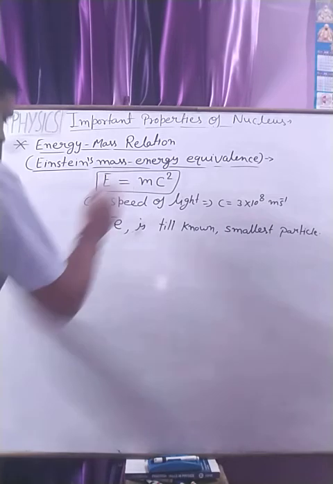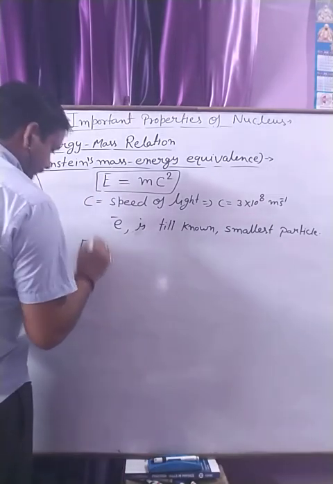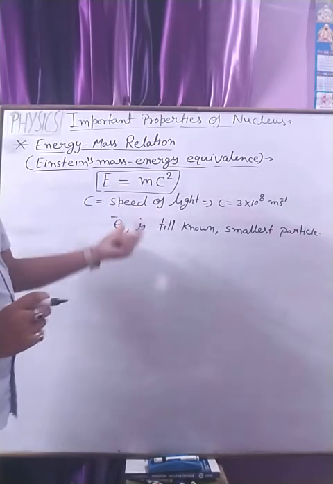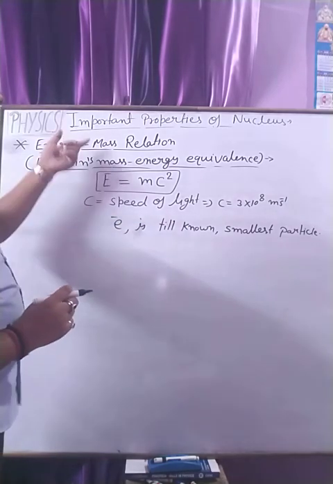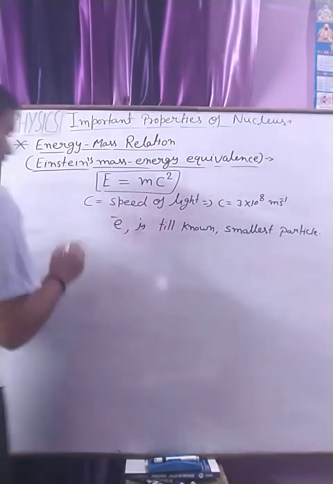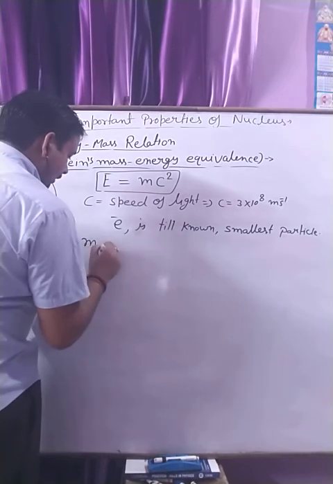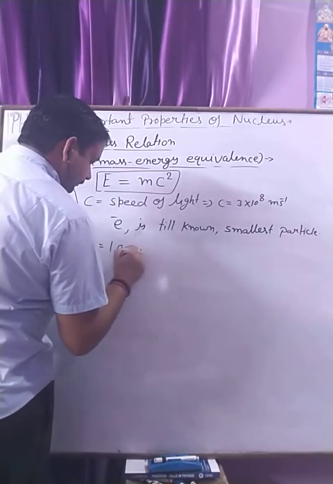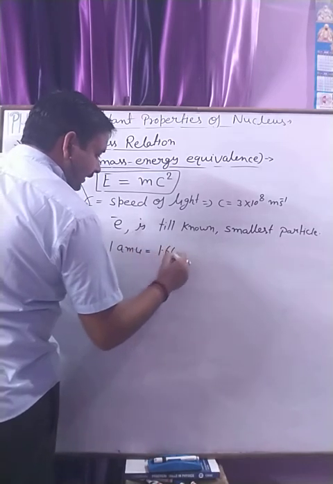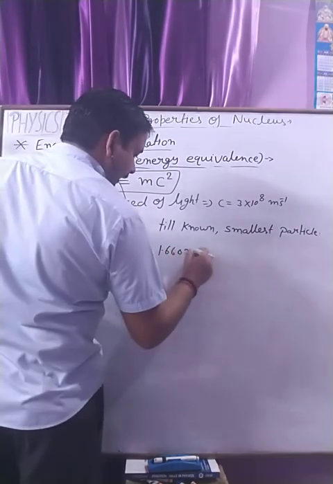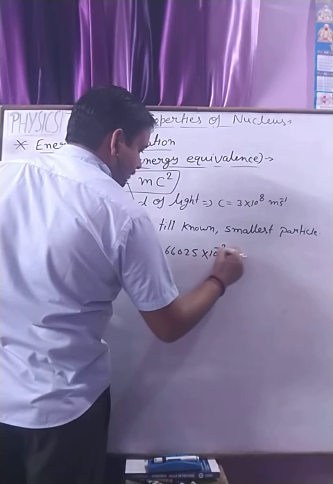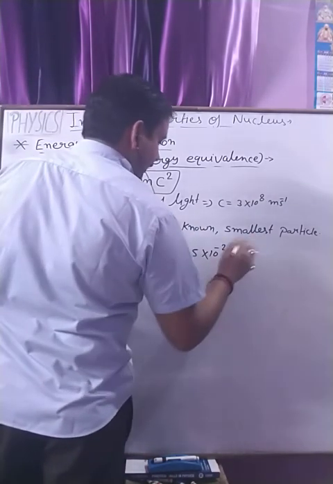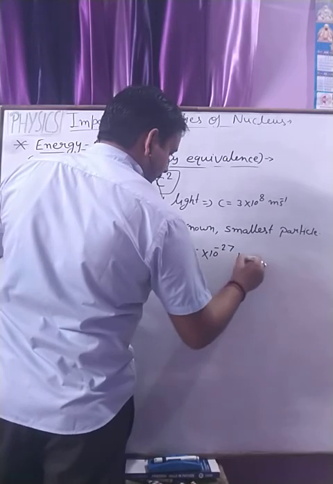Here we can calculate the energy of a particle for 1 kg or 1 gram, but because we are going to understand atomic things, we can use the mass equal to 1 atomic mass unit, which is 1.66025 into 10 to the power minus 27 kg.